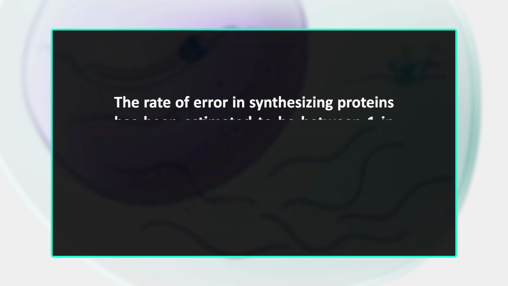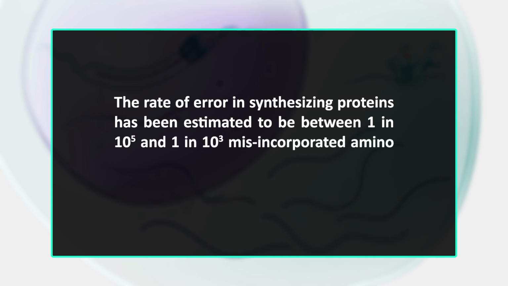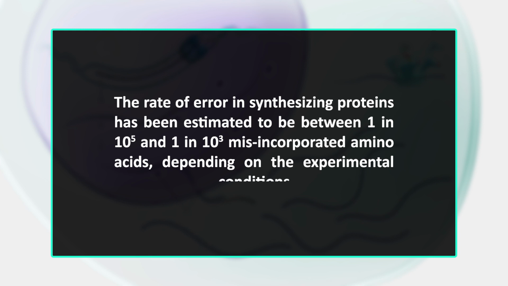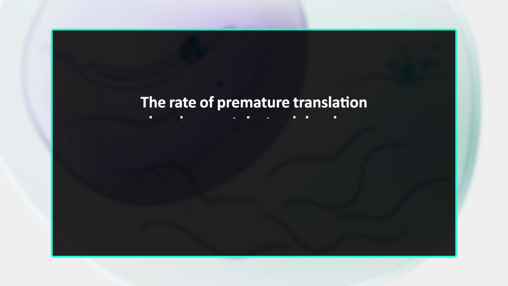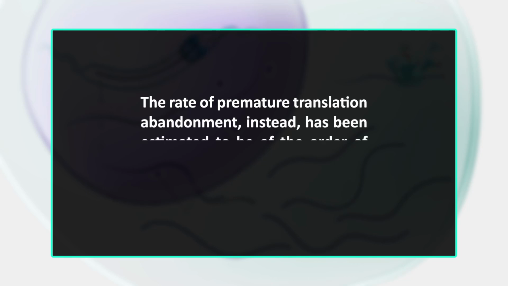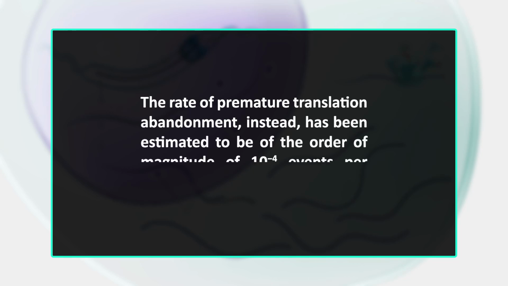The rate of error in synthesizing proteins has been estimated to be between 1 in 10^5 and 1 in 10^3 misincorporated amino acids, depending on the experimental conditions. The rate of premature translation abandonment instead has been estimated to be of the order of magnitude of 10^-4 events per translated codon.